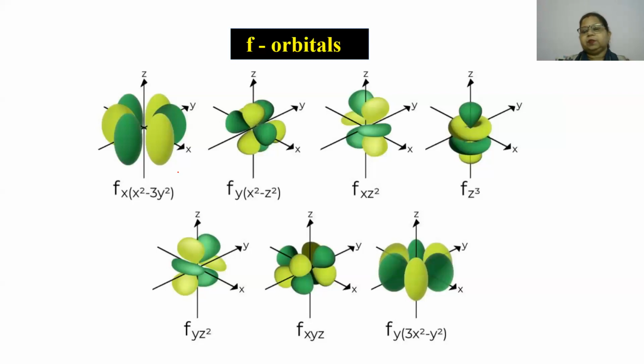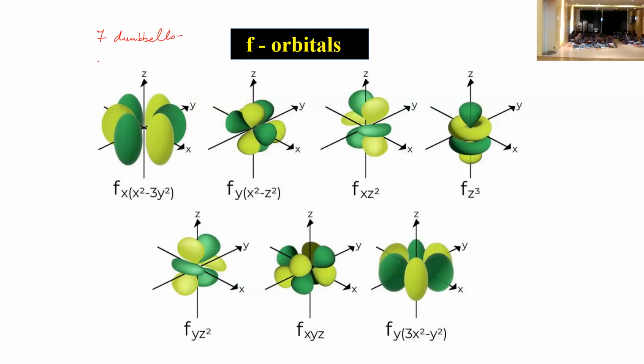Moving to the f orbital. As I told you, f's structure is not mentioned even in NCERT. But just for information's sake, I have put it on here. There is no need to copy it down. We just need to remember that it is made up of 7 dumbbells.